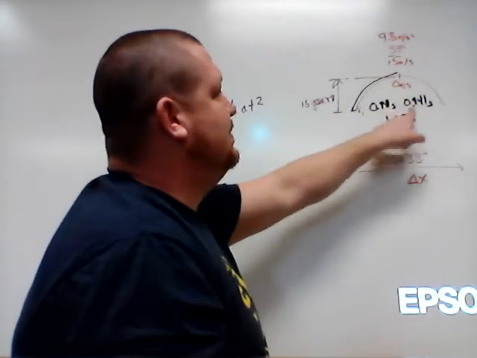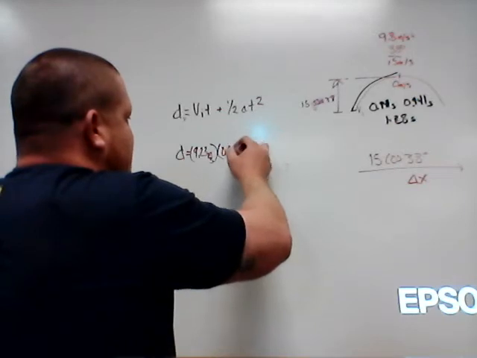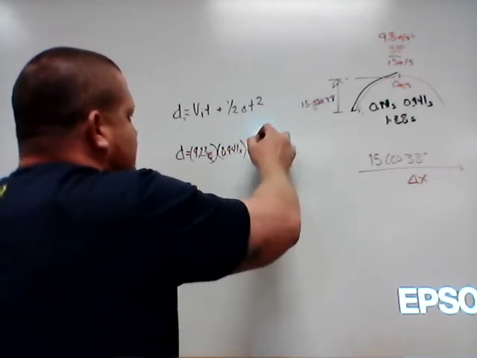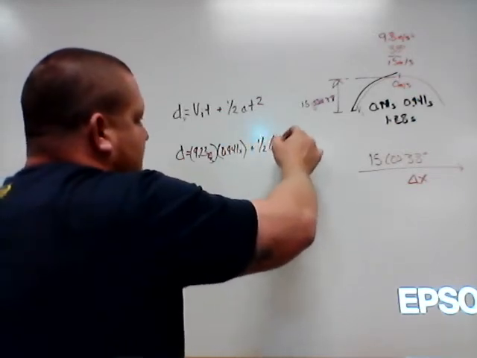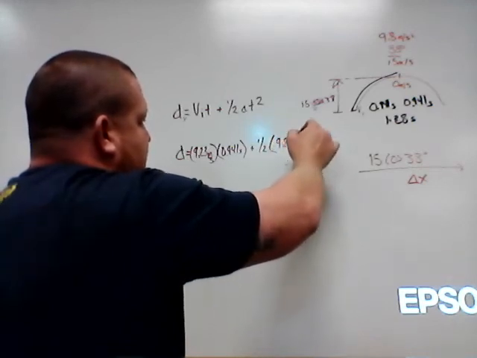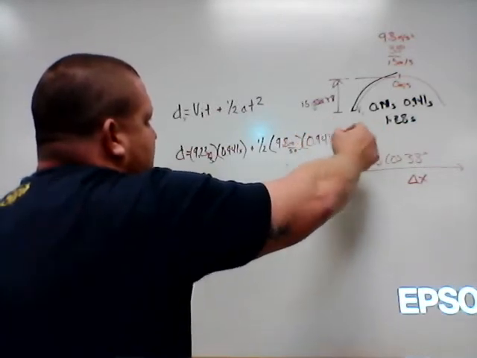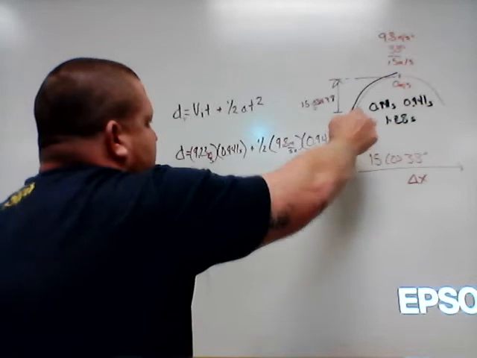Our max height is going to be right there in the middle. So we're going to go 0.941 seconds plus 1/2 acceleration, 9.8 meters per second squared, 0.941 seconds squared.